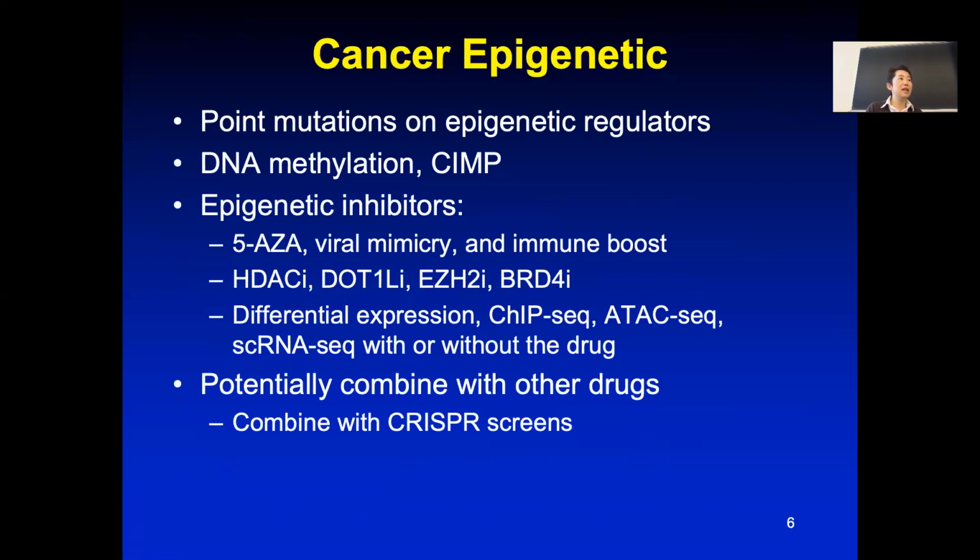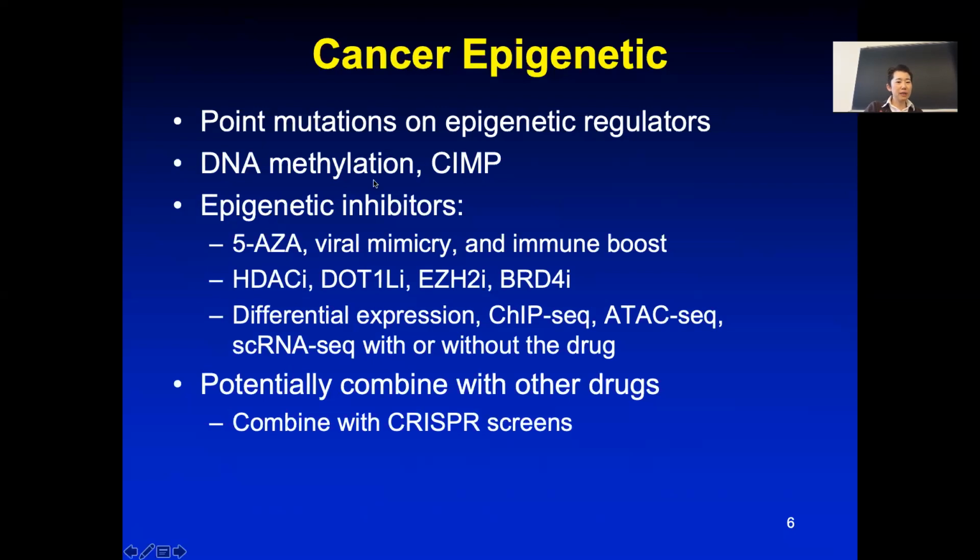And interestingly, a lot of them leave the normal cells intact and mostly hurt the cancer cells, which is probably because the cancer cells are already not very stable epigenetically, not really in a stable state. And so you use another epigenetic drug to push it over the edge. Right?